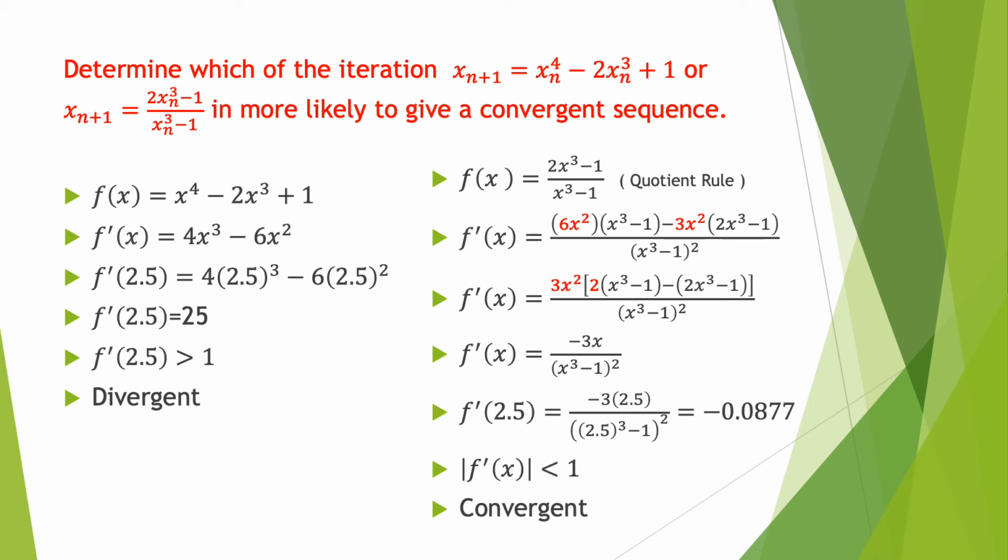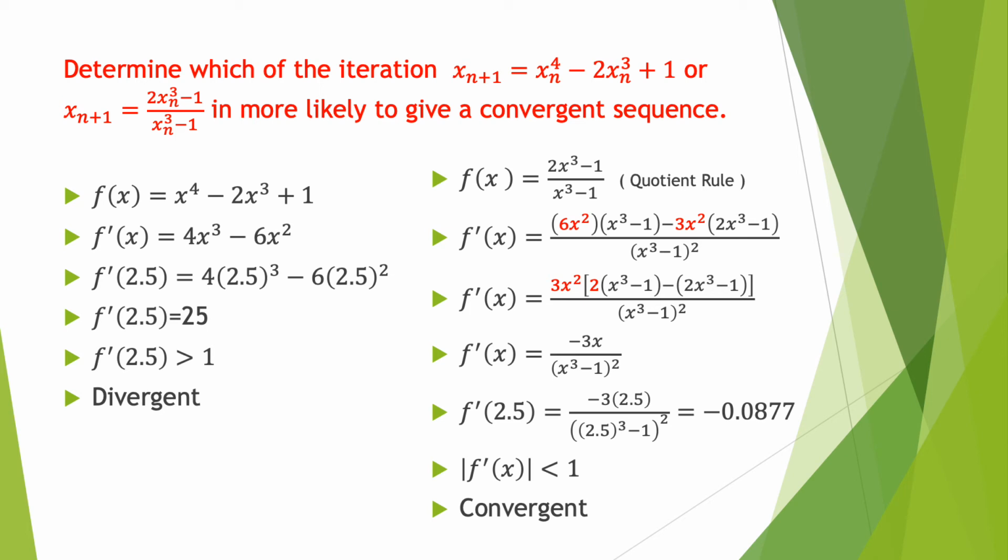Then we follow by the factorization. We factor out the 3x^2. So we have 3x^2 [2(x^3 - 1) - (2x^3 - 1)] over (x^3 - 1)^2.